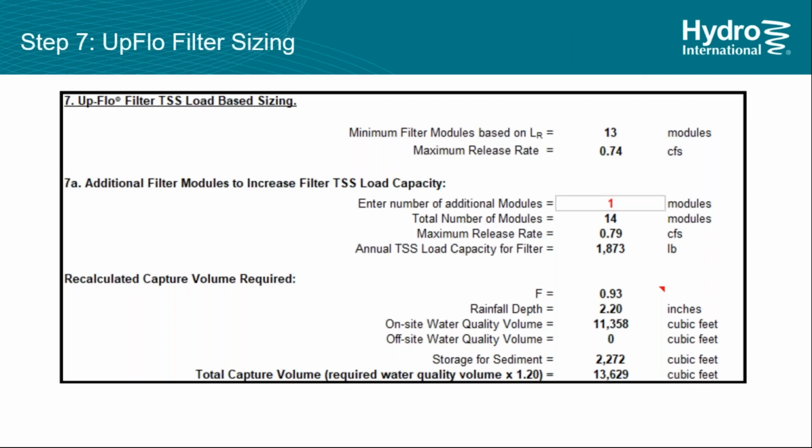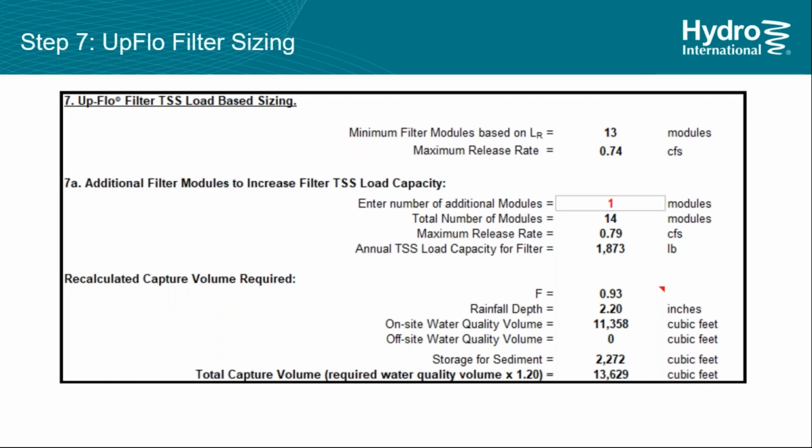In this case, an additional filter module can be added in 7A, which you see here, to get that F value below 1. So that is where an additional module is required to hit the 80% removal of mass.